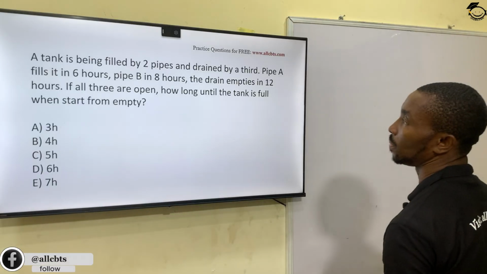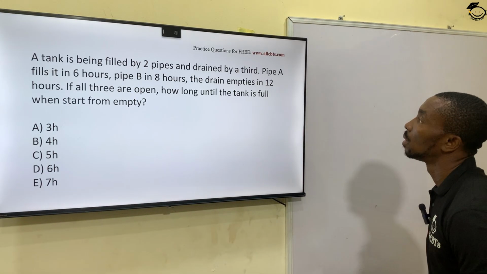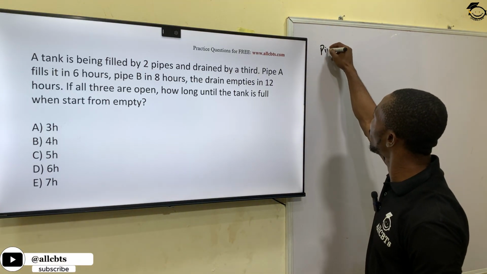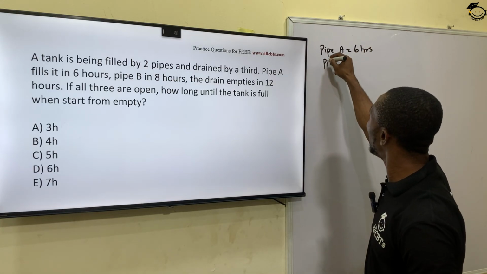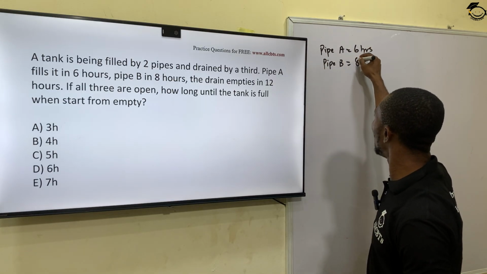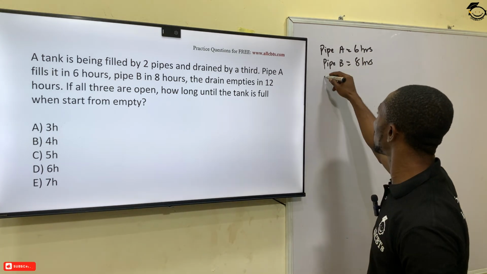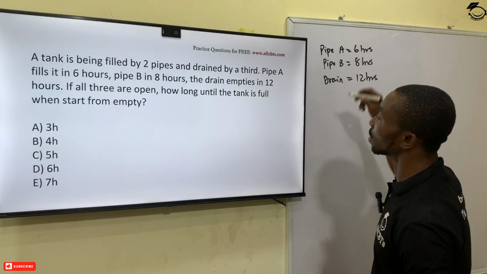A tank is being filled by 2 pipes and drained by a third. Pipe A fills it in 6 hours, pipe B in 8 hours, and the drain empties in 12 hours.